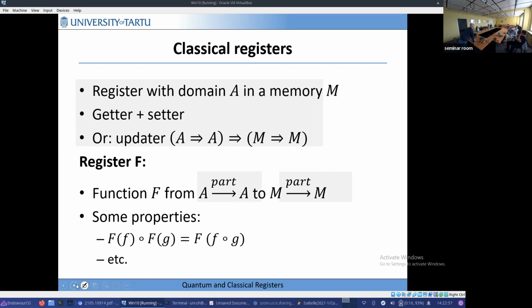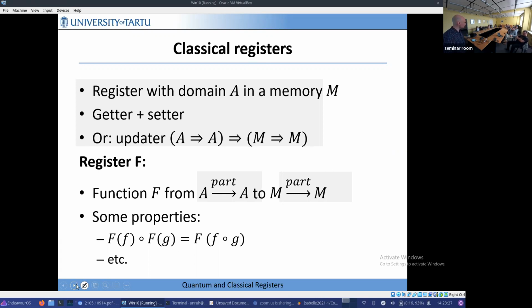So, how do we reconstruct the getter? Like, we just put in a function that is defined on every input but the one? Yeah, the first thing I can do is basically a tester. I can define a function that, given a memory, tells me whether the register contains a specific value. And such a test I can make by putting in as the argument for the updater something that is defined only at that specific value that I want to test against.